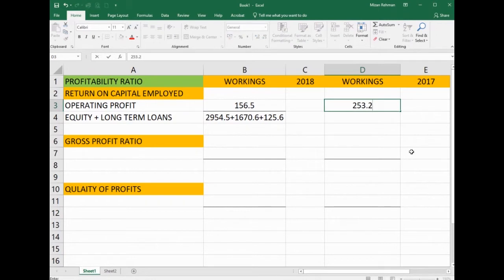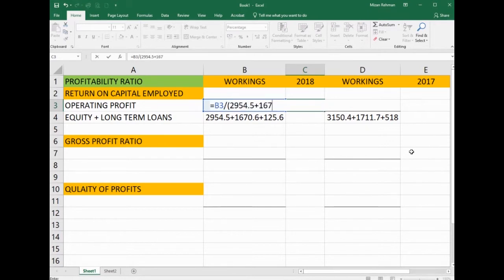So 253.2 divided by 3150.4 plus 1711.7 plus 518. And we can solve this now. 156.5 divided by, brackets open, 2954.5 plus 1670.6.